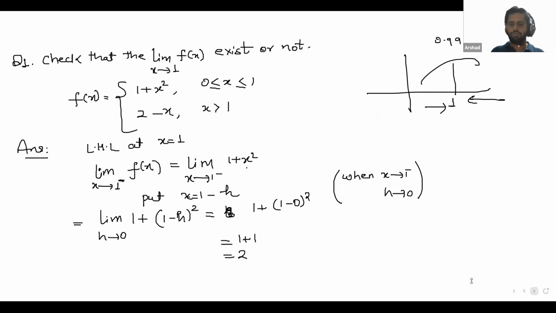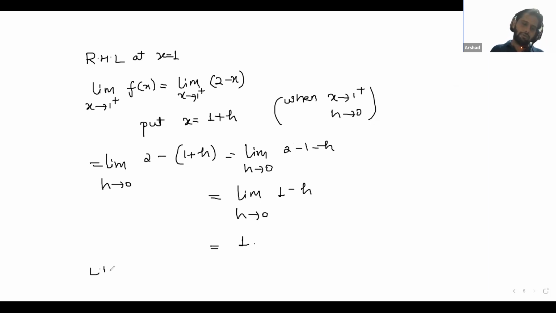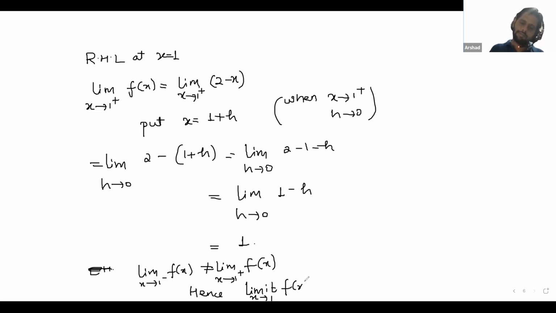LHL you get 2. So we can say that limit x tends to 1 minus f(x) is not equal to limit x tends to 1 plus f(x). LHL and RHL are not equal, hence limit x tends to 1 f(x) does not exist.